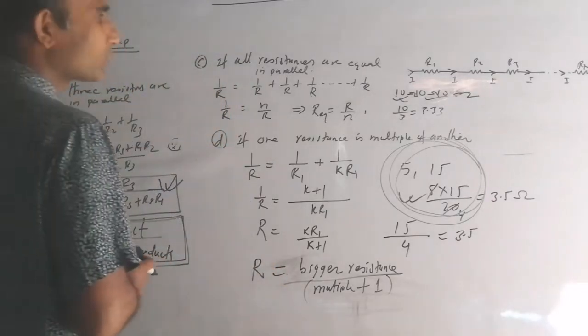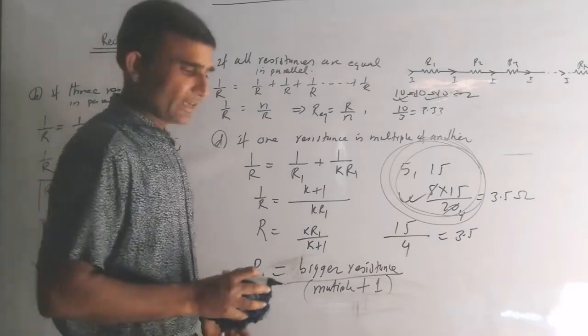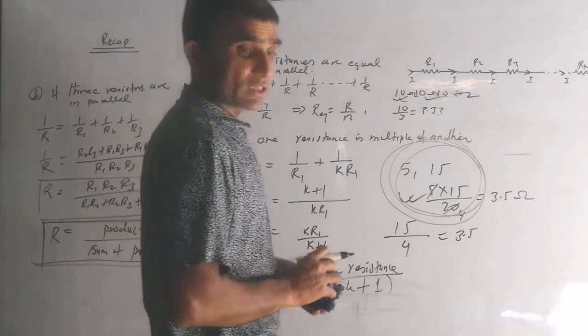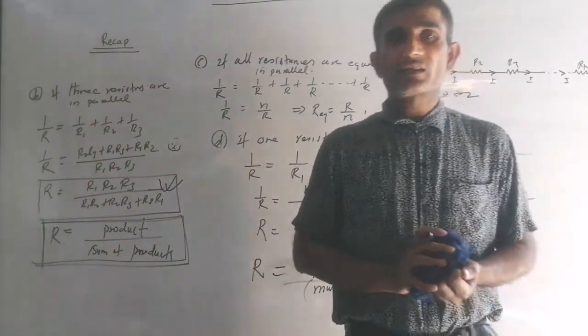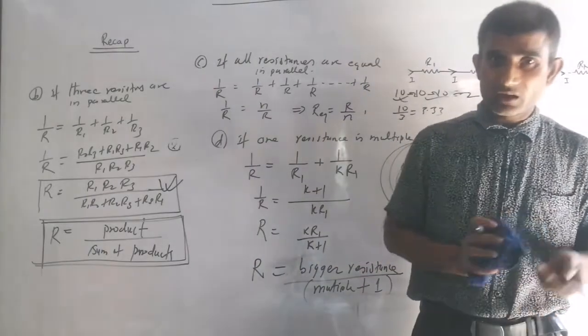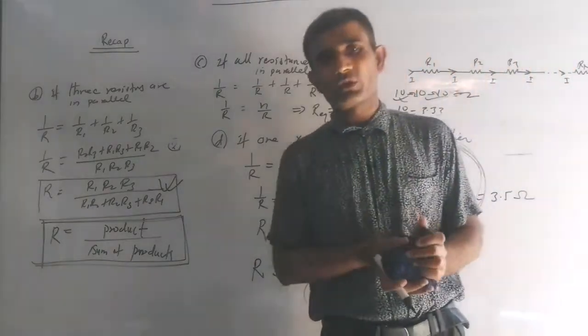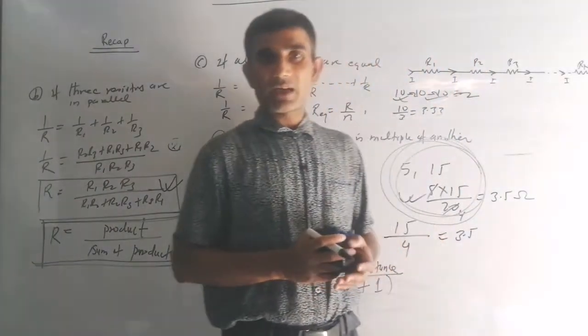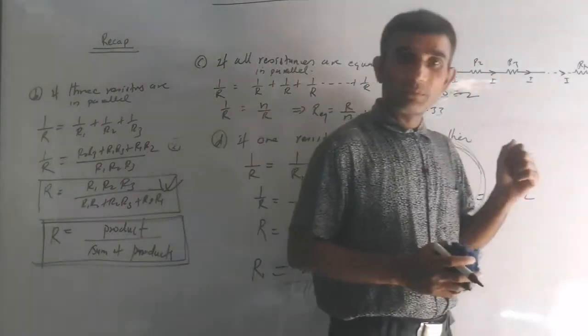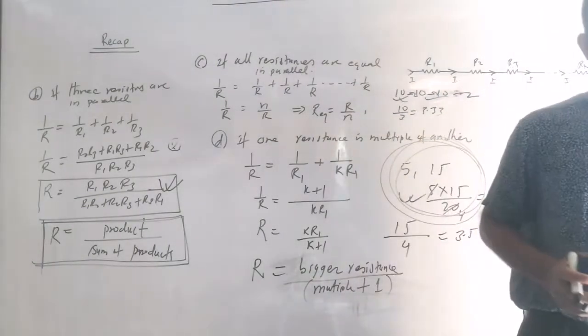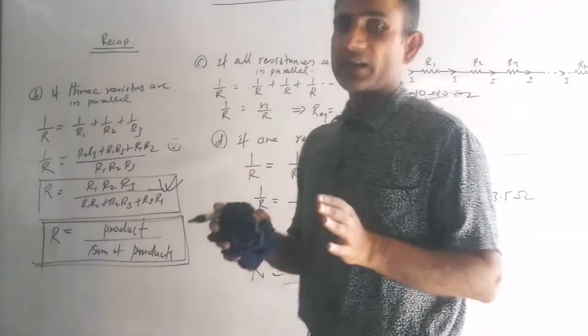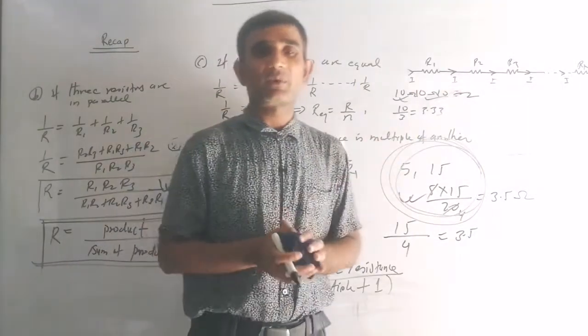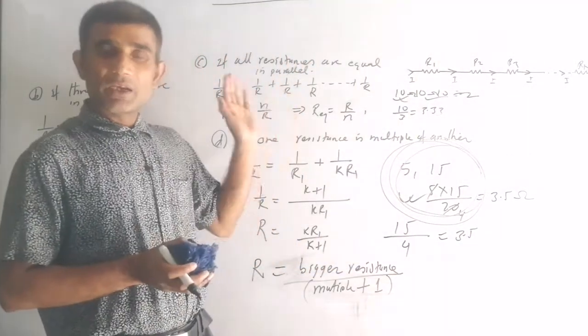We are using these tools, and some more tools are there like symmetry, and that symmetry I will also make, maybe possible in this video, or if not possible then I will make it in another video. And there are some other very important tools, the Wheatstone bridge principle also we are going to use. Even though we have not learned those topics from the second chapter, we will still use that.